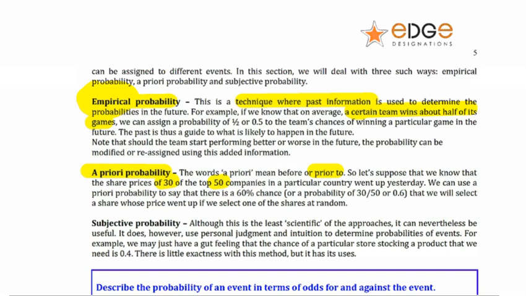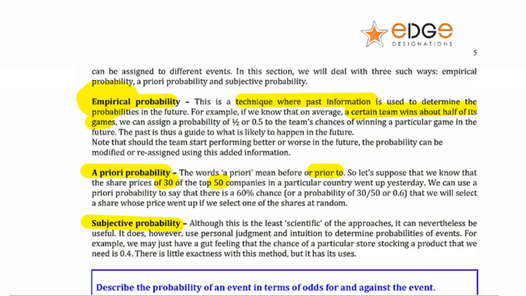There's a 60% chance that we're going to select a share whose price went up if you just pick shares at random. So you've got 50 shares in front of you in a hat. You pick one out at random. What's the probability of that one share having gone up? 60%. Why 60%? Because 30 of the top 50 companies yesterday went up, a priori, prior to.